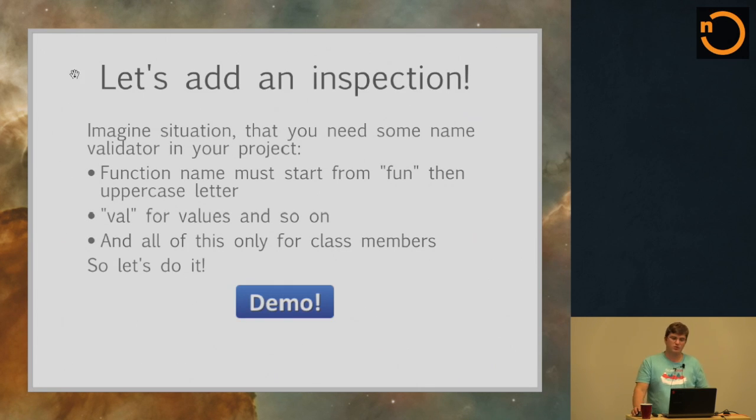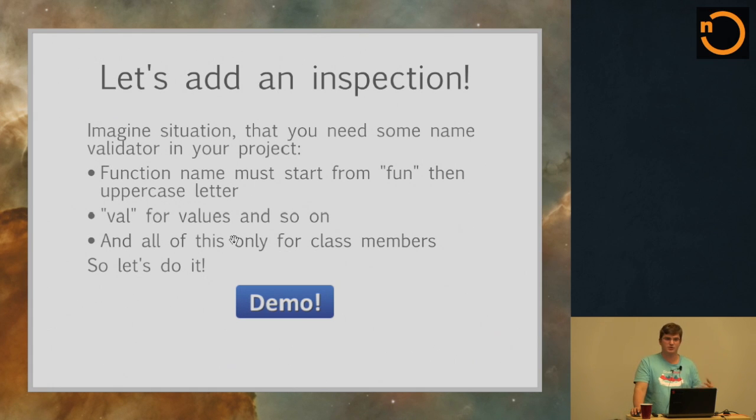So I want to show you a short demo of how to implement a simple inspection. Imagine a situation when we need some name validator. For example, a function name must start with fun followed by an uppercase letter, val for values, and var for variables.